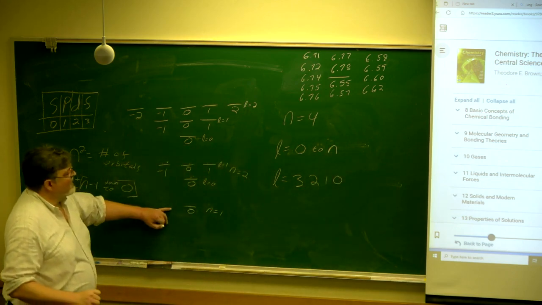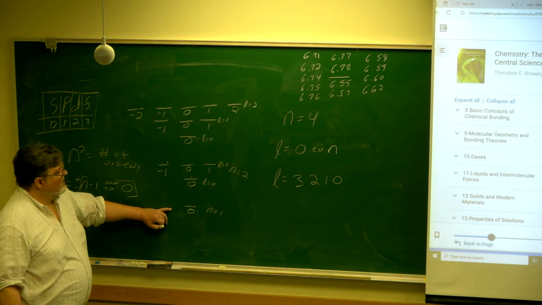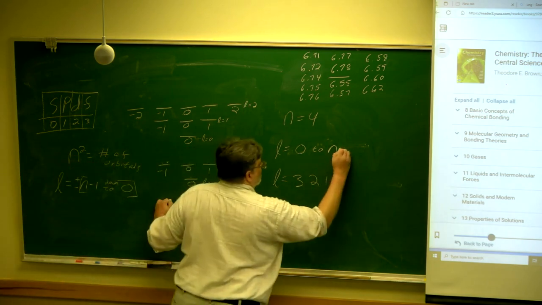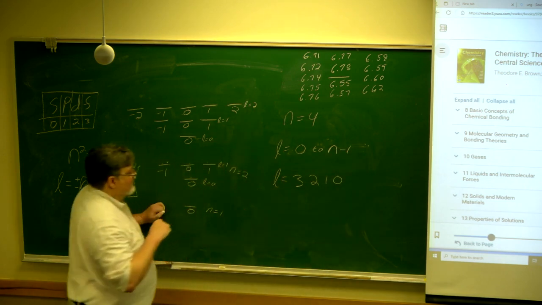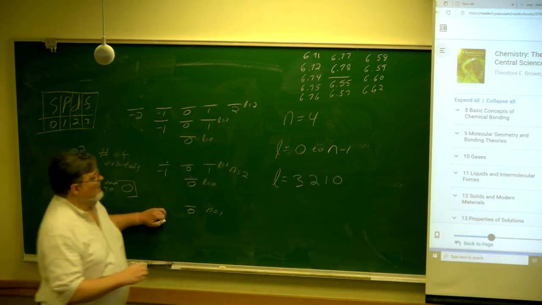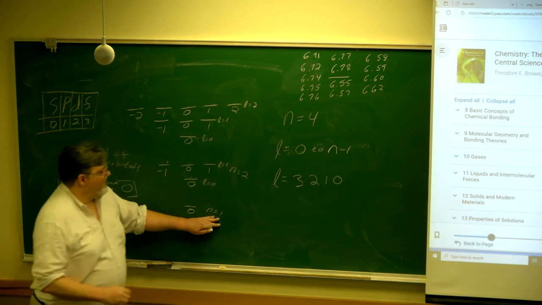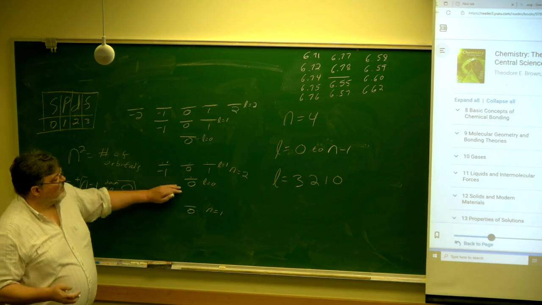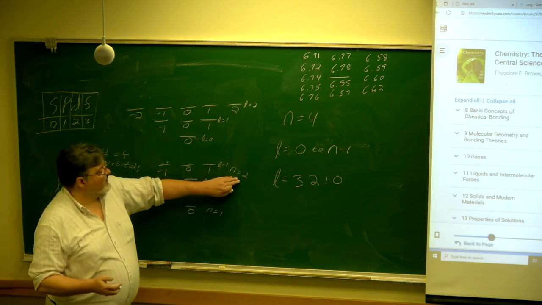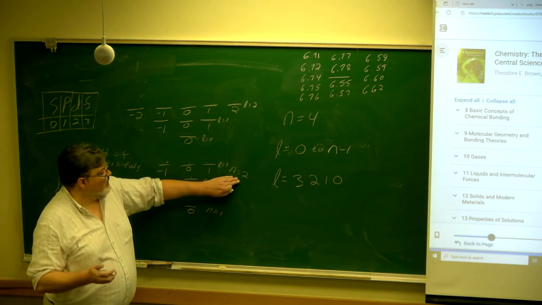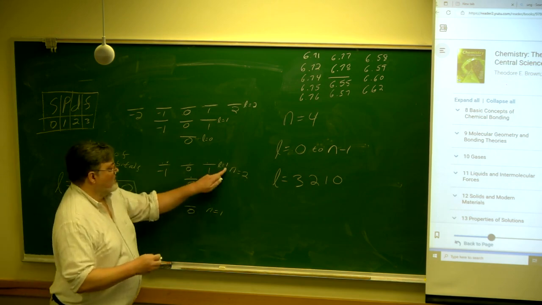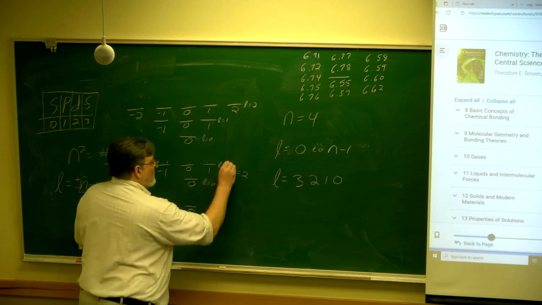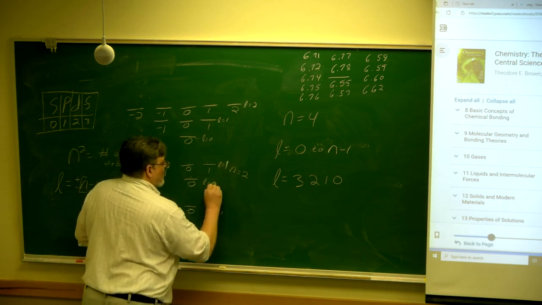Zero to n. 0 to n minus 1. Okay, 0 to n minus 1. So n minus 1 is here, so it's just 0. N minus 1, so 2 minus 1 is 1, so 1 down to 0.